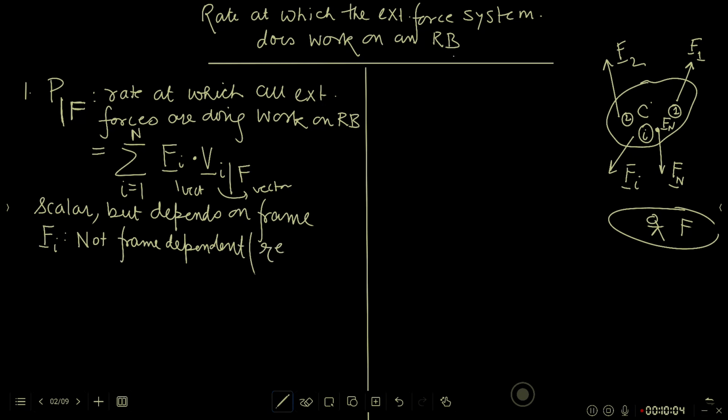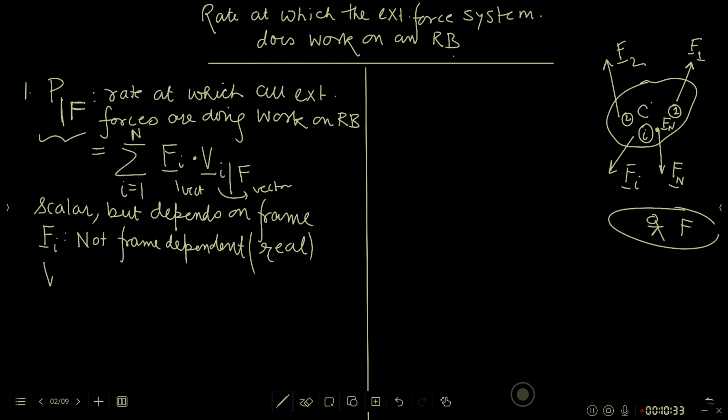We never talk about pseudo forces. Yes, if one starts talking about pseudo forces, then one would say that force also depends on the reference frame. Not in this course. Whenever there is talk about a force, that force has got to be real. And those real forces are not frame dependent. So why would this quantity depend on frame after all?